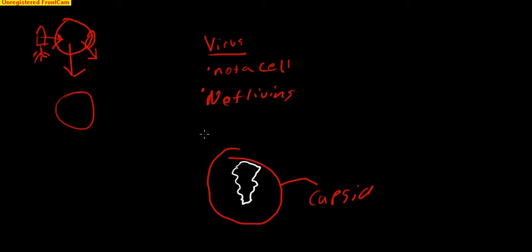It's basically something that looks kind of like this, and it helps it find the right cell. So this is going to fit onto the correct cell, and that's going to allow the DNA to get injected and then duplicate and then make more of these tiny red viruses that will then go and infect another cell. And those are called receptors.